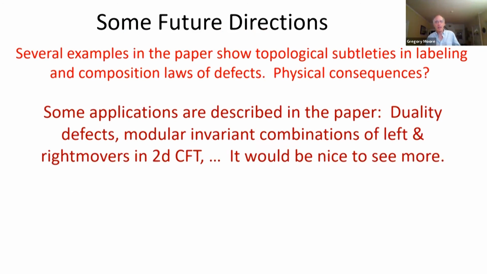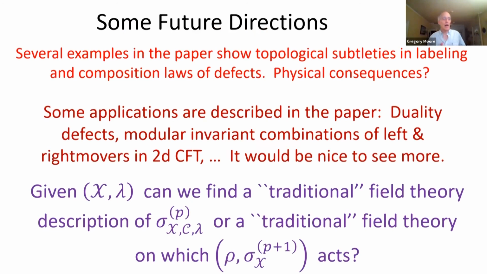And in the same vein, we describe some applications to duality defects and modular invariant combinations of left and right movers in 2D CFT. It'd be nice to see more physical applications. A question I find interesting is would it be possible to describe these finite homotopy theories in more traditional field theoretic terms, like BF theories or combinations of BF theories?